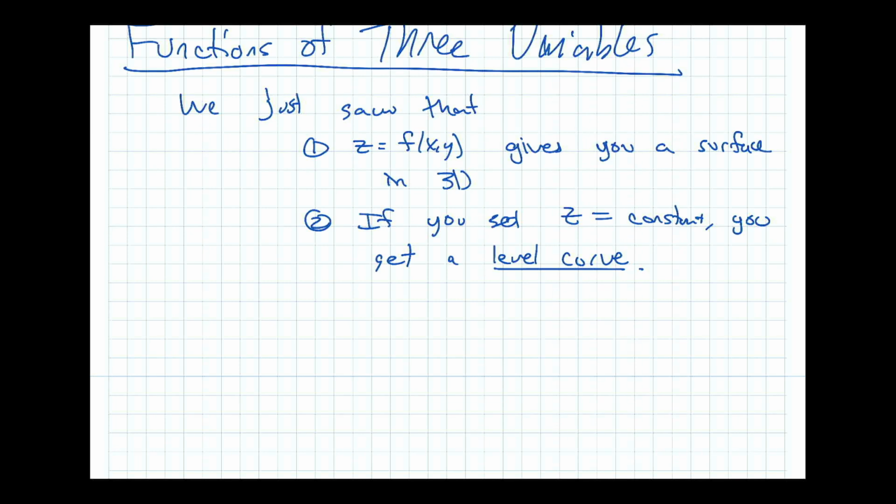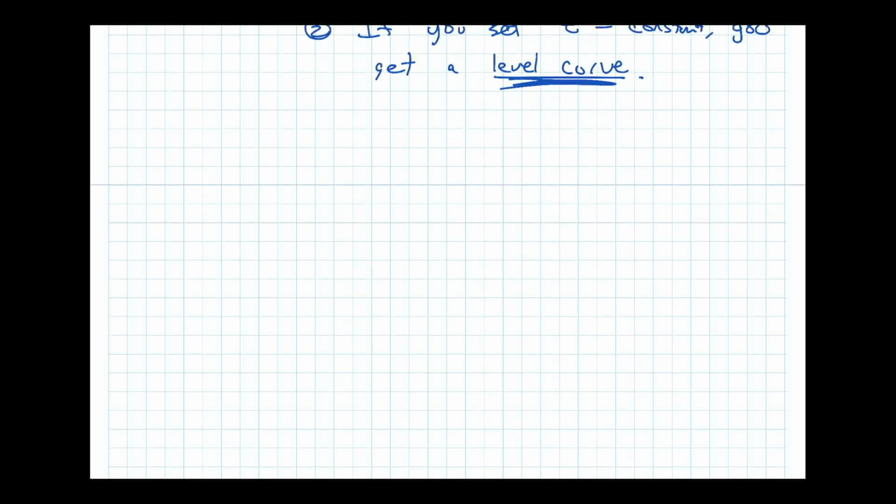Okay, so the original thing is a surface, and if you set z equals a constant, you get a level curve. Okay, now if you've got a function of 3 variables, then that's not going to be the case.